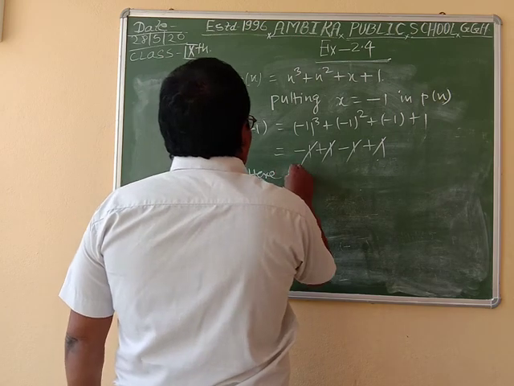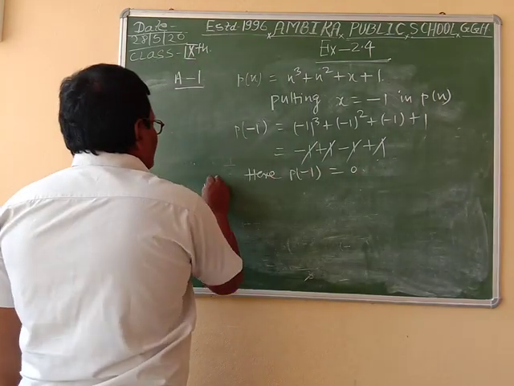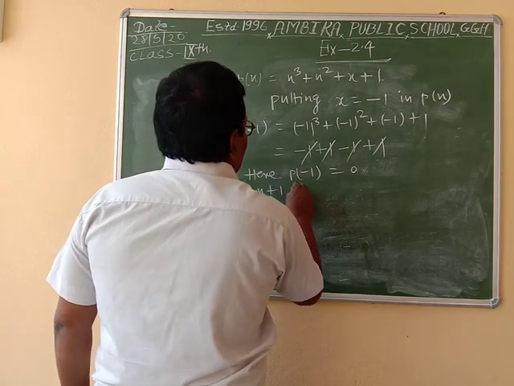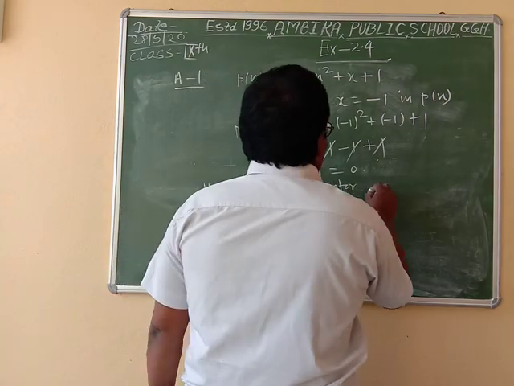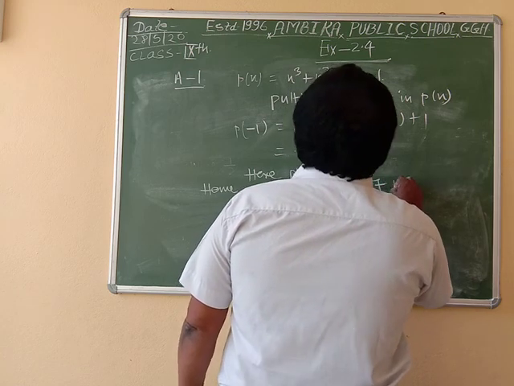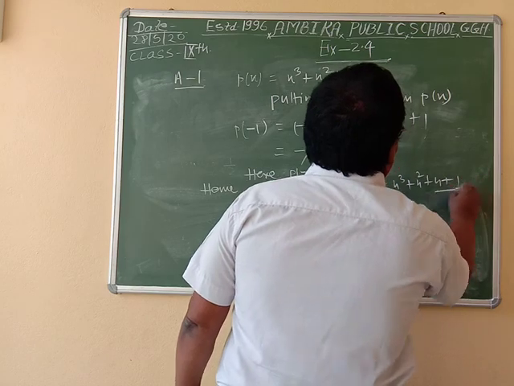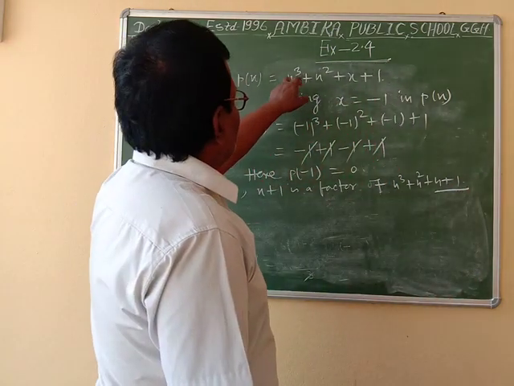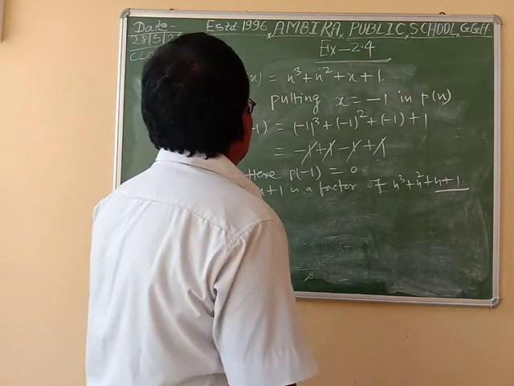Here P of minus 1 is equal to 0, hence x plus 1 is a factor of Px, a factor of x cube plus x square plus x plus 1.